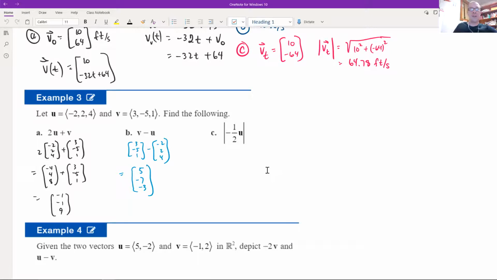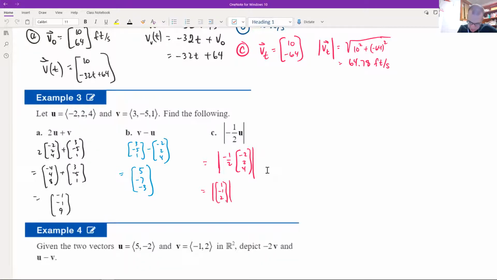We're finding the magnitude of negative 1/2 u. So let's go ahead and just write that out and we can do it step by step. u again is -2, 2, 4. So -1/2, let's do that multiplication. -1/2 u would be 1, -1, and -2.